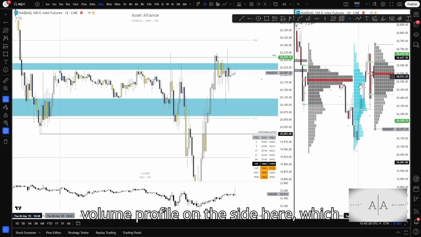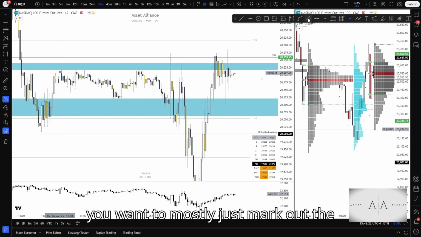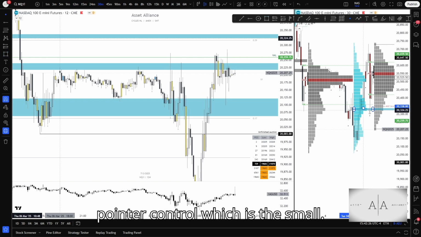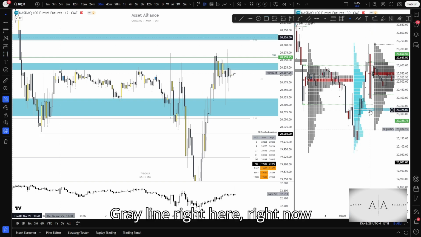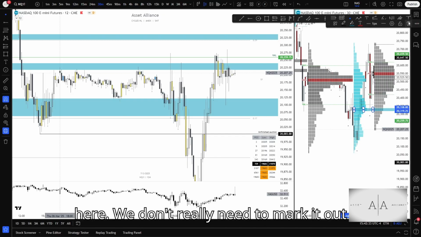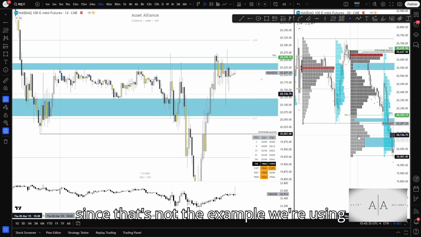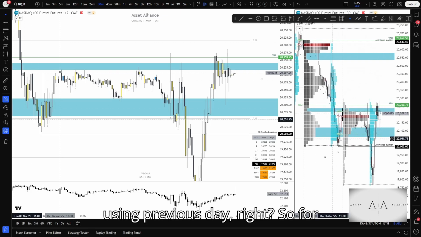Now you have your volume profile on the side here, which you want to mostly just mark out the point of control, which is the small gray line right here, right? Now here we don't really need to mark it out, since that's not the example we're using previous day, right?